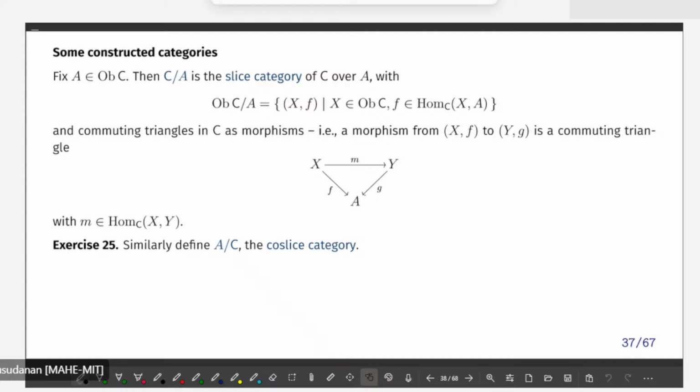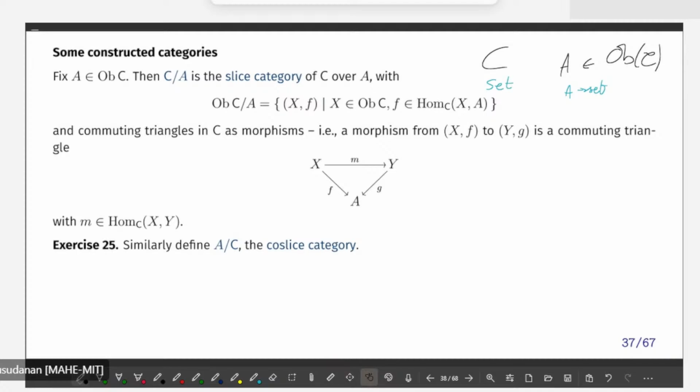So one example is the slice category. If you have a category C and A is an object of C, you can think of the category of sets as a particular example, and A is a particular set. Then the objects of this new category C over A, it's a slice category. It's not a quotient at all.